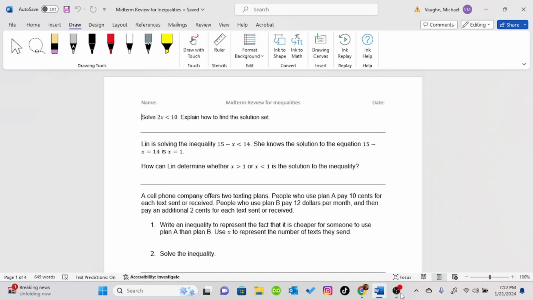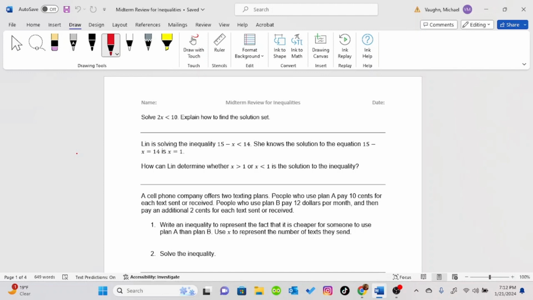The first problem says solve 2x is less than 10 and explain how to find the solution set. So in this problem, we would solve this inequality the same way we would solve it if it was an equation.